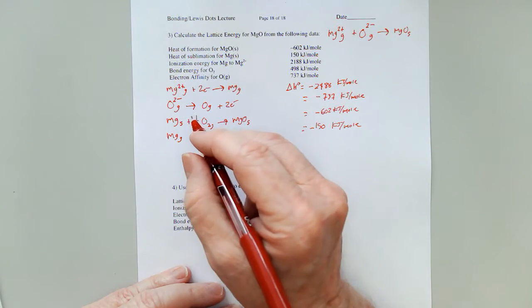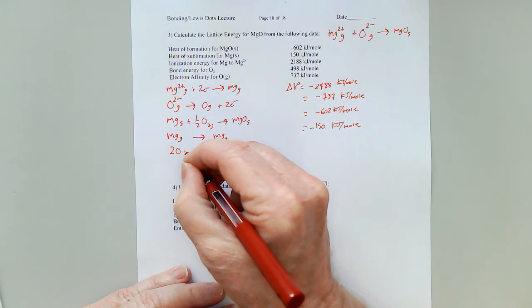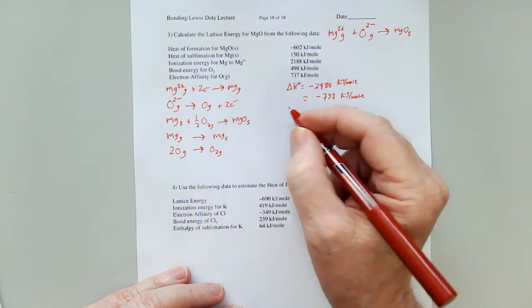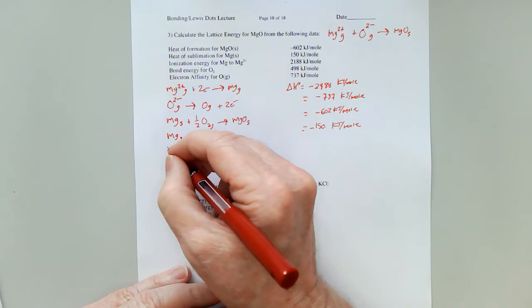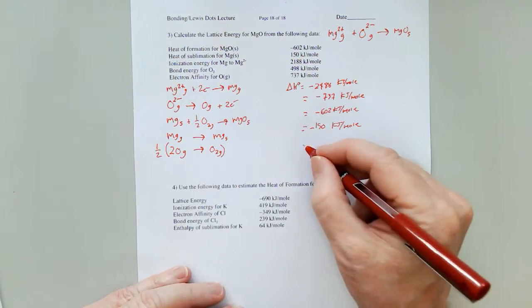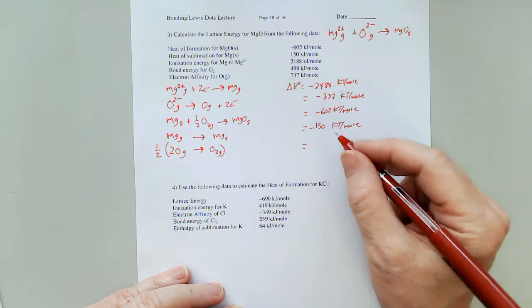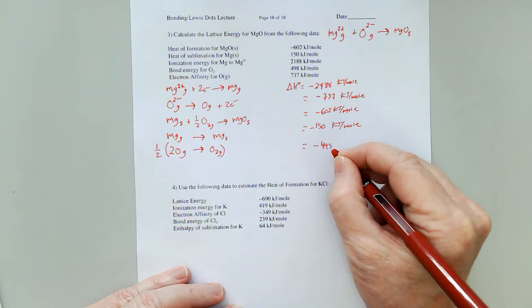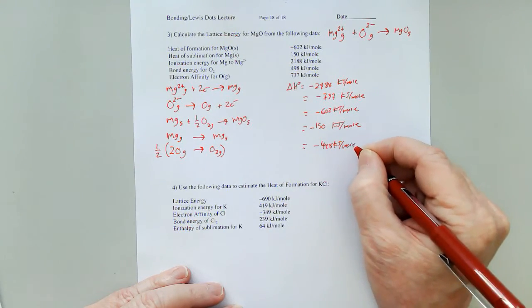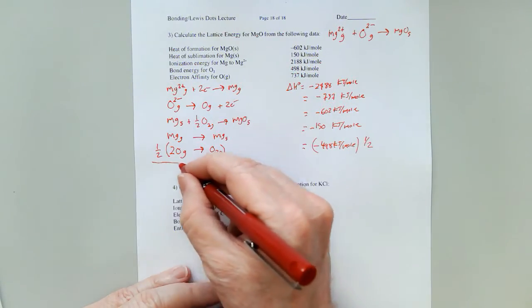I am going to go with 2 O gas to give me O2 gas, and I'm going to multiply this whole thing by 1/2. So when I take the negative 498, because I reversed the equation there in the definition, kilojoules per mole, I'm going to multiply that by 1/2.